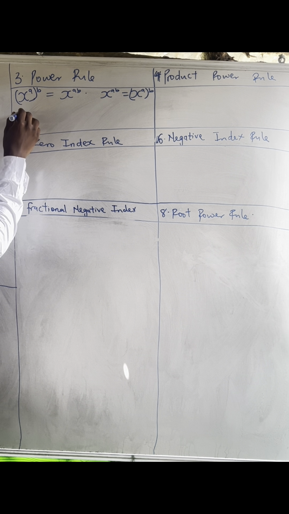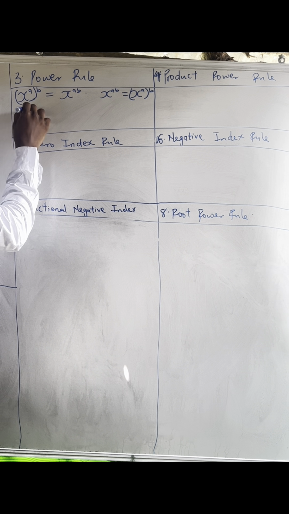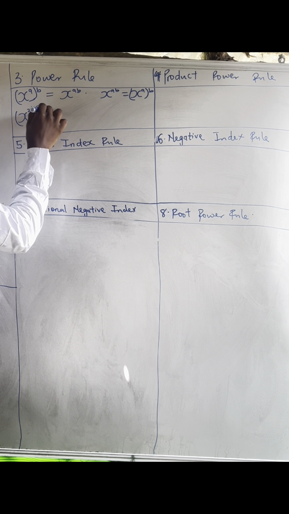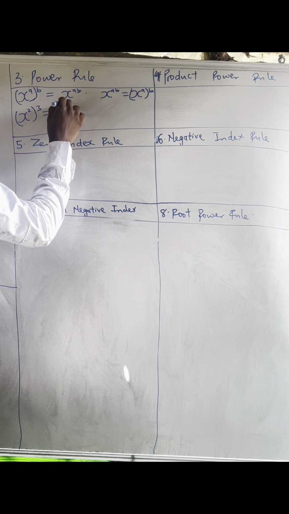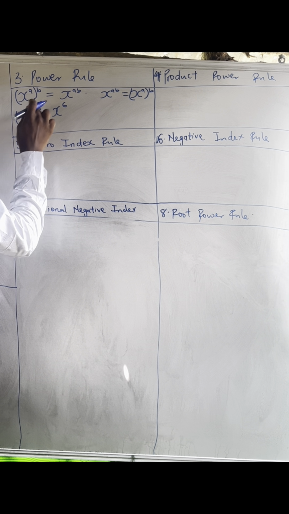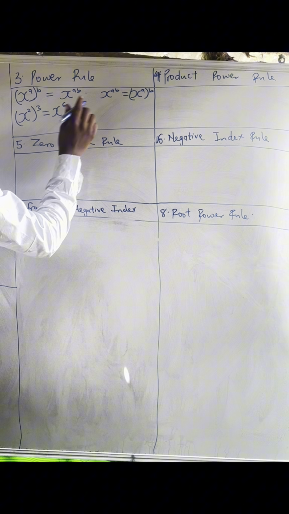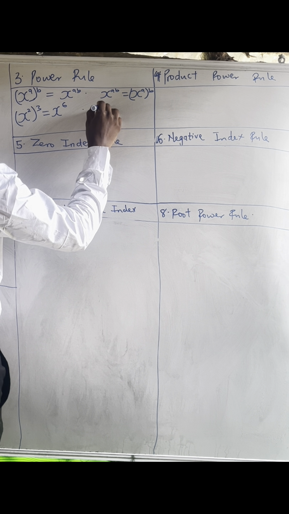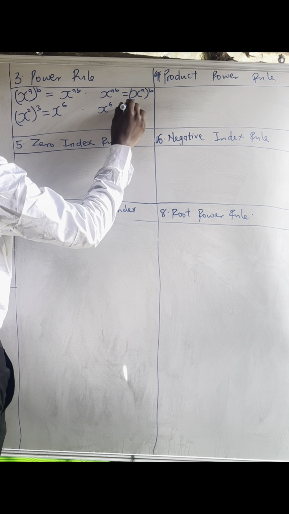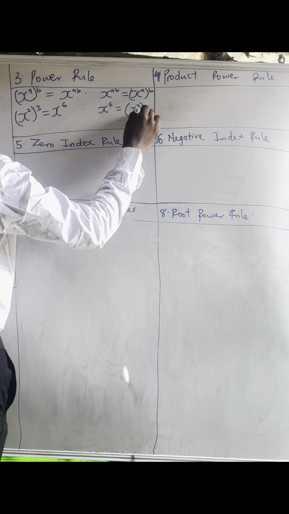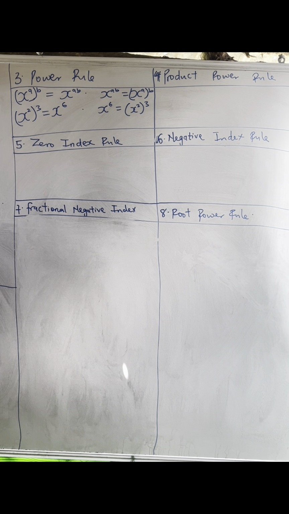For example, let's say I have x raised to power 2, all raised to power 3. This equals x raised to power 6, because 2 times 3 is equal to what? 6. And at the same time, if I have x raised to power 6, I can also write it as x raised to power 2 times 3. So that is what the power rule is talking about.